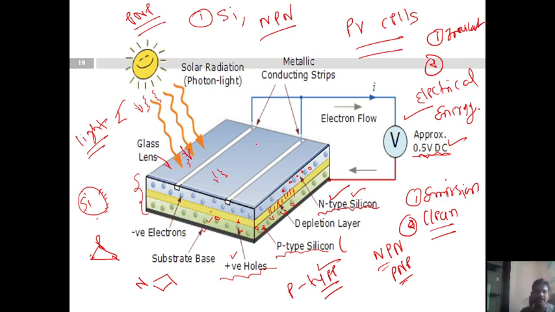Sunlight, acting as a fuel, carries energy into the photovoltaic cells. Here the sunlight is the fuel, if you consider solar radiation as fuel for this photovoltaic cell.